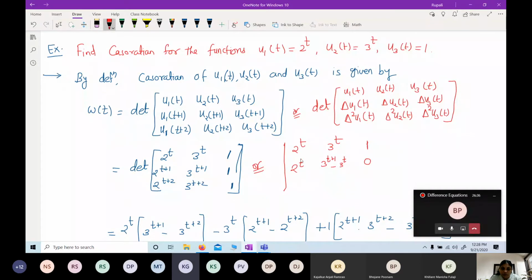Now what is delta square of u1t? Delta square of u1t means delta of 2 raised to t, and delta of 2 raised to t is again 2 raised to t.